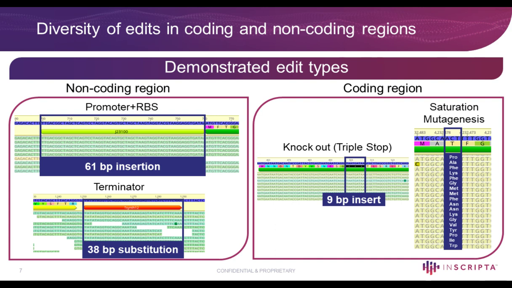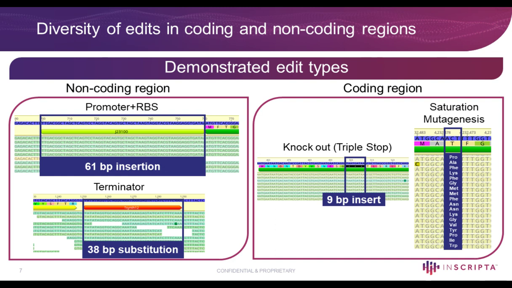So you can do an insertion outside the coding region. You can certainly do insertions within coding regions. You can also do substitutions. Here I show an example of a 38 base pair substitution of terminators, which is, of course, swapping out or replacing the nucleotides with those that you've programmed in.